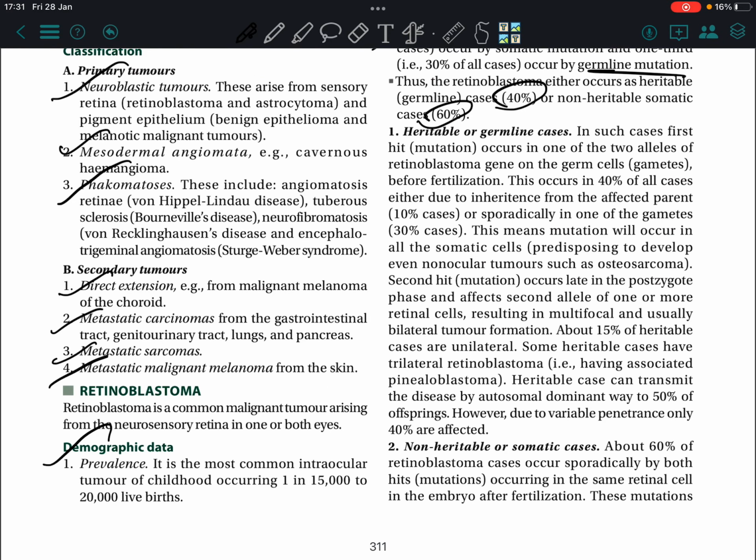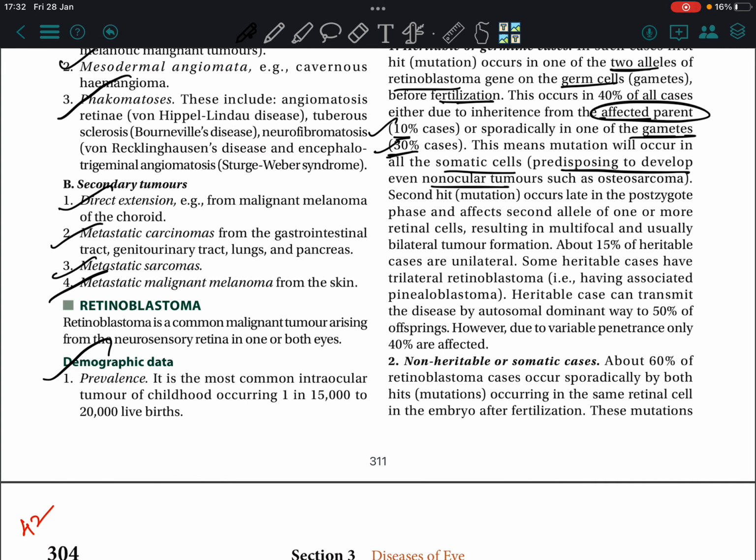Heritable: in such cases the mutation occurs in one of the 2 alleles of the retinoblastoma gene in germ cells before fertilization. This occurs in 40% of cases, either from an affected parent or sporadically in one of the gametes. This means the mutation will be present in all somatic cells, predisposing to development of even non-ocular tumors such as osteosarcoma.